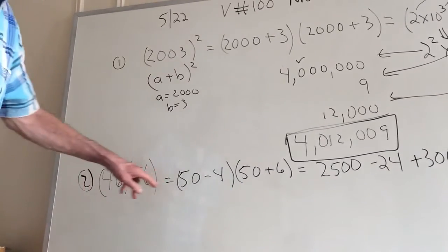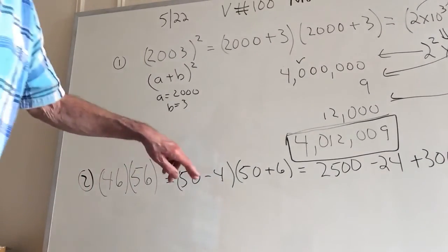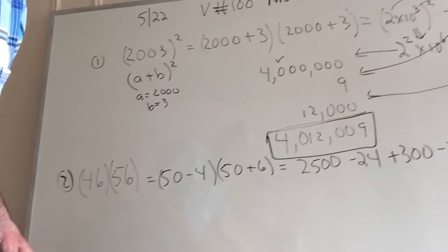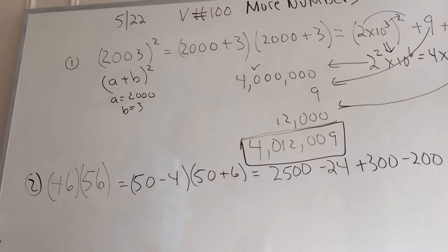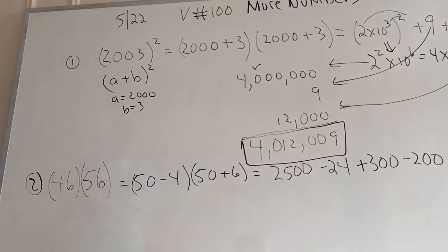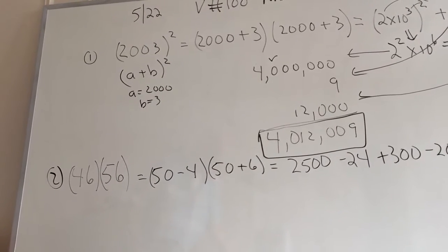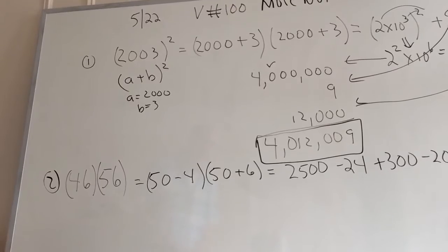I turned 46 into 50 minus 4, and 56 into 50 plus 6. Should be easy for you guys to figure out what I did. But now, the middle term doesn't go away. Does everybody see that? We're focused here on that. Okay? The middle term stays. Okay?